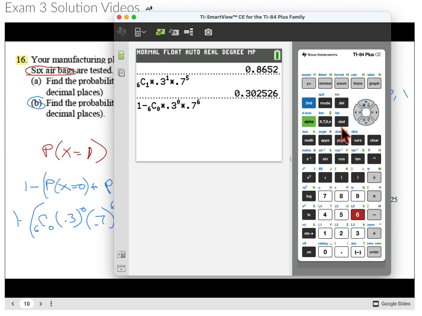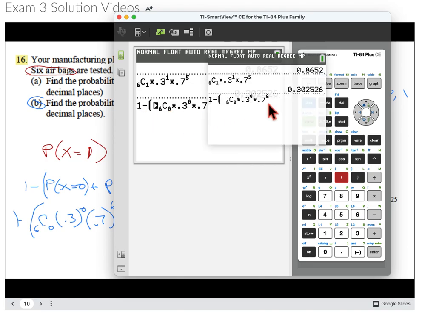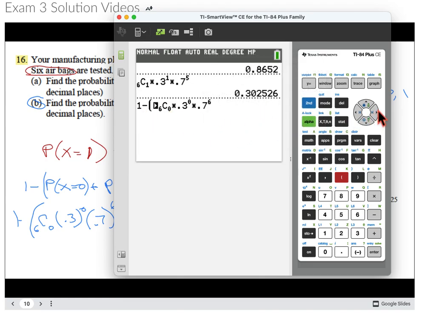That's good. Oops, I forgot, of course, I have to have a parentheses here. Otherwise, it would subtract this from 1, and then it would add the next value on without that parentheses, order of operations. So just be careful about these little things. Then we're going to add, or you could subtract them both, but however you want to do it.